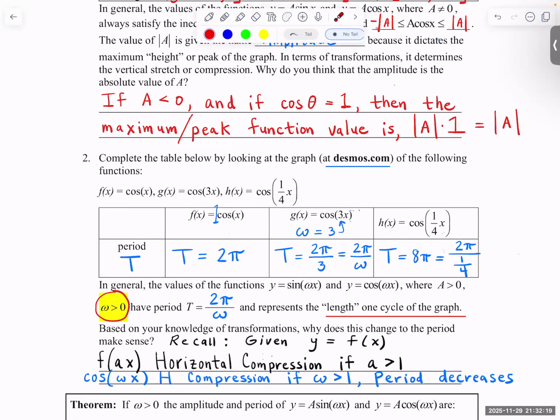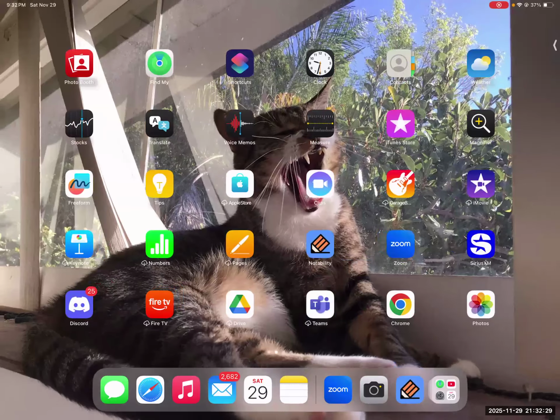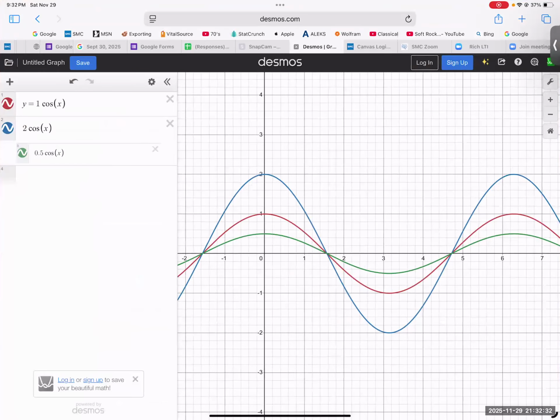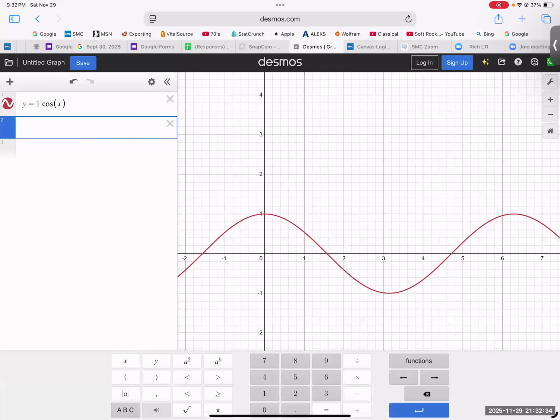And function h is the cosine of 1/4 times x, or x divided by 4. So let's look at these three functions. Well, again, cosine x we already have. Let's go to cosine of 3x.